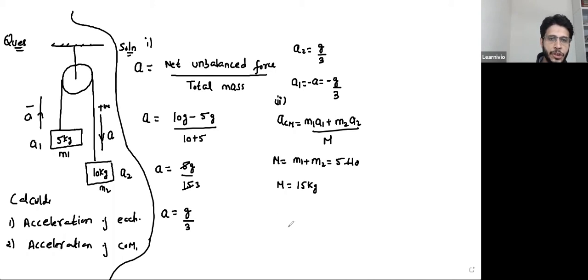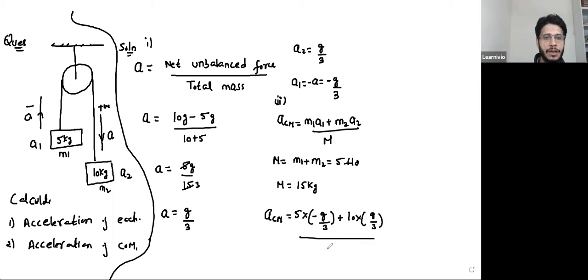So if I substitute all values here, the acceleration of center of mass is: m1 is 5, a1 is minus g by 3, m2 is 10, a2 is g by 3, capital M is 15. So the acceleration of center of mass comes out to be minus 5g by 3 plus 10g by 3, divided by 15.